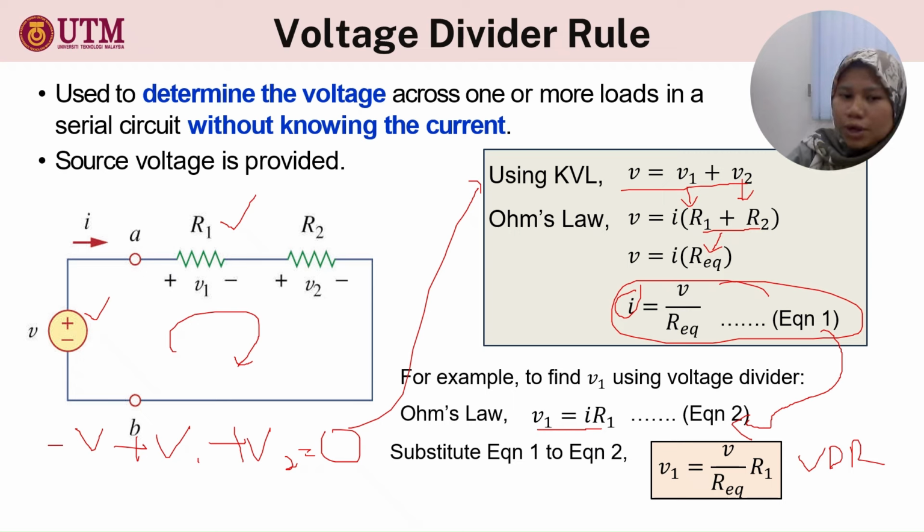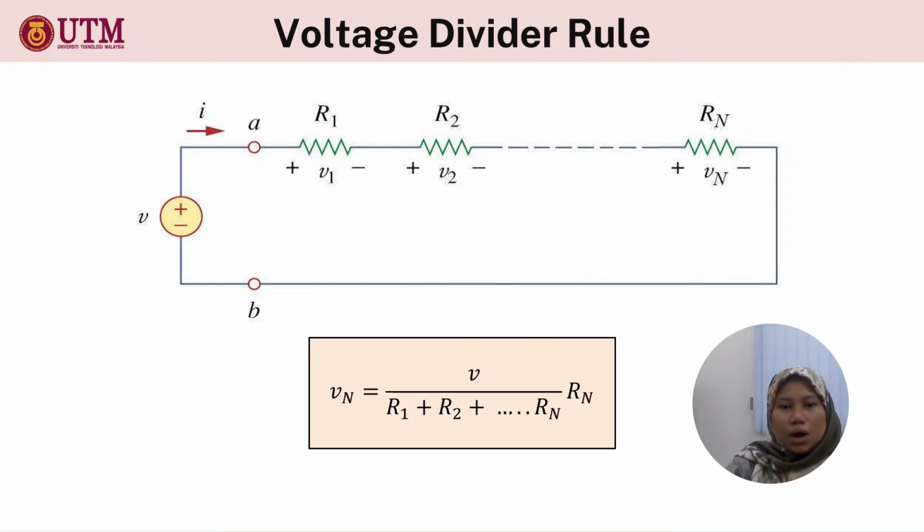If you want to find V1, so V1 is equal to V multiply with R1 divided by the summation of these two resistors. Okay, now how does it benefit us by knowing that VDR? This is very beneficial if we have a bunch of series resistors.